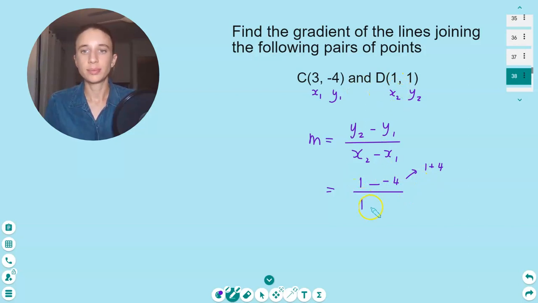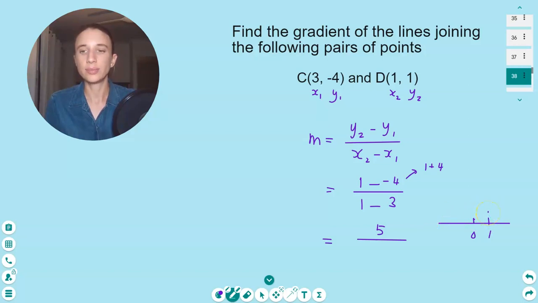x2 is 1. x1 is 3. So simplifying on that numerator first. 1 plus 4 is 5. 1 take 3. Well, looking at the number line here, if you start at 1 and you're taking away 3, you're going to be getting into the negatives.